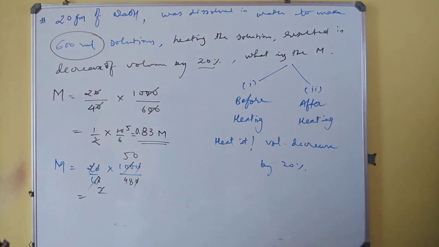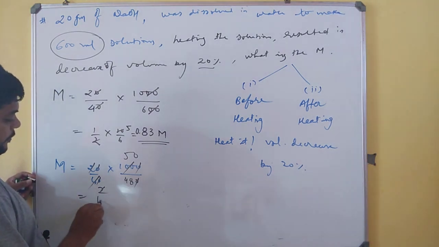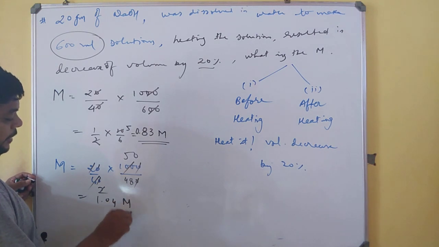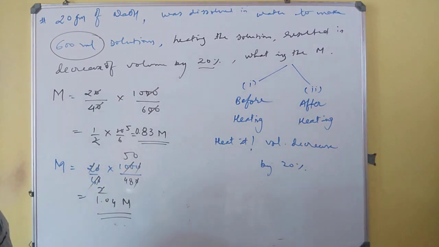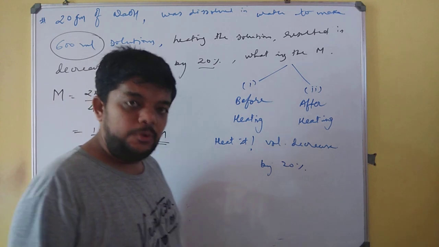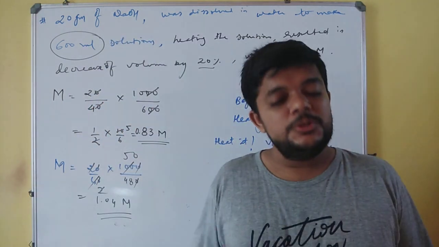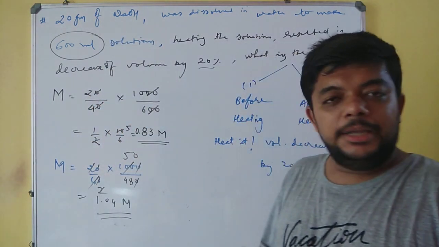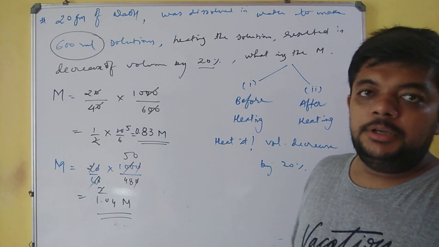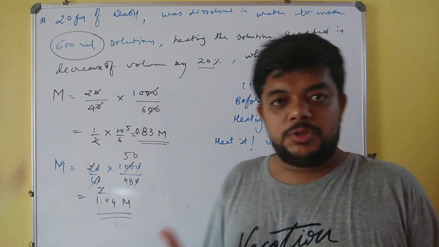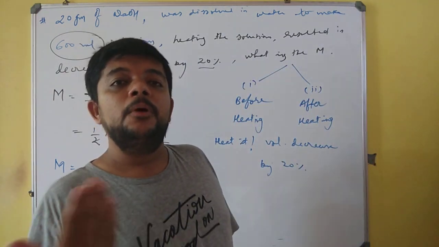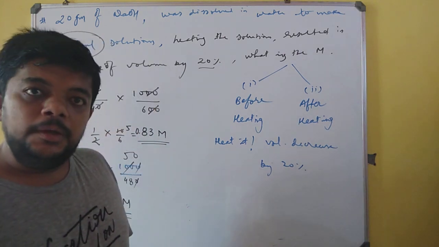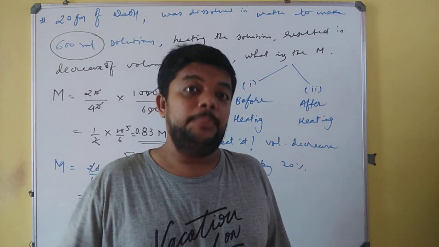So it is 1.04. So if you imagine, on heating, the concentration increases. Is it true? Yes, it is true. Why? I'll take a very simple example. If I have sugar solution and I keep on heating it, it becomes a sugar syrup.